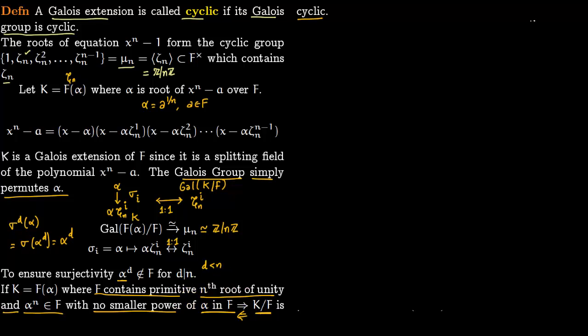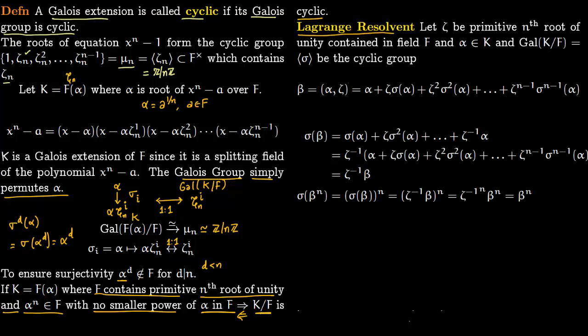To do this, we first need to talk about the Lagrange resolvent. Let zeta be the primitive nth root of unity, already contained in the field F. You fix some alpha in K, and your Galois group of K over F is generated by sigma, so this Galois group is cyclic.